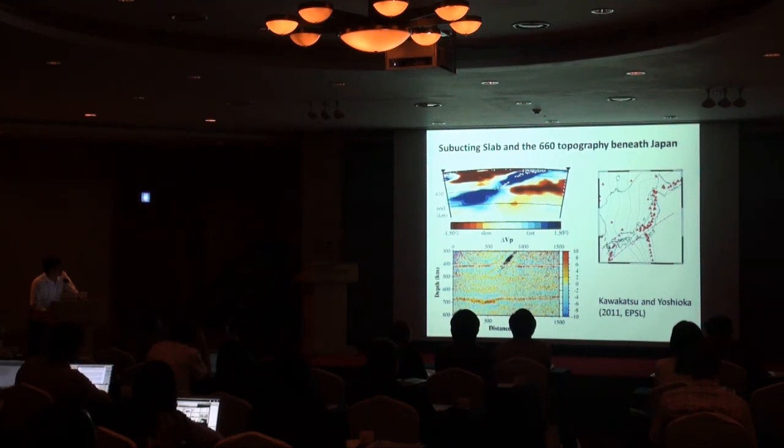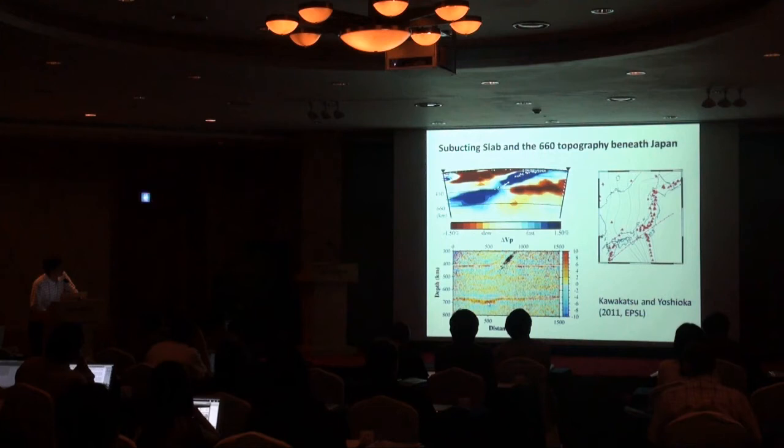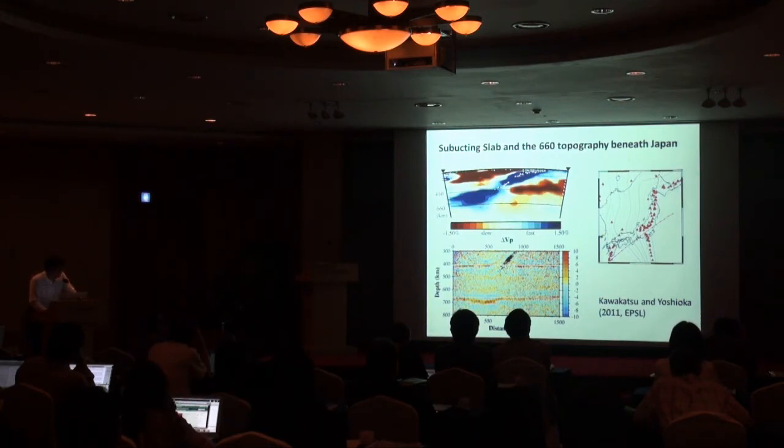But the horizontal extent of the large depression is smaller compared with the horizontal extent of the high velocity anomalies, and the deepest, largest depression is located in the vicinity of the point where the subducting slab first touched the 660 discontinuity.